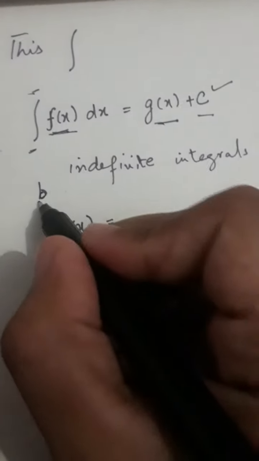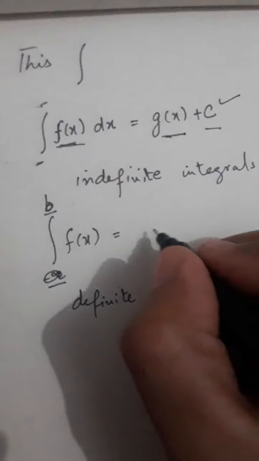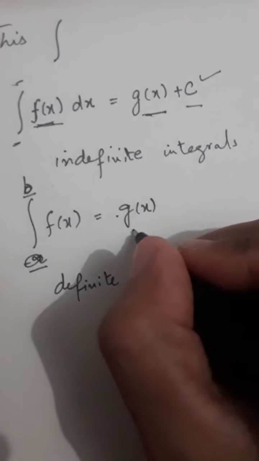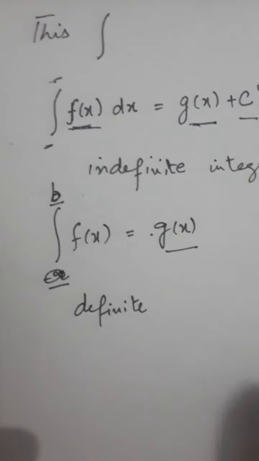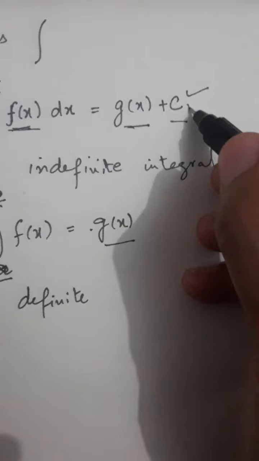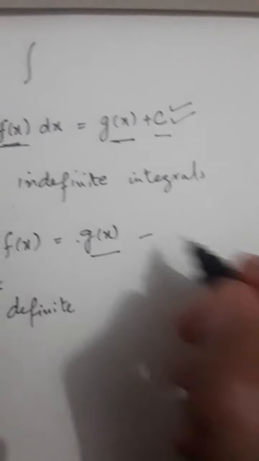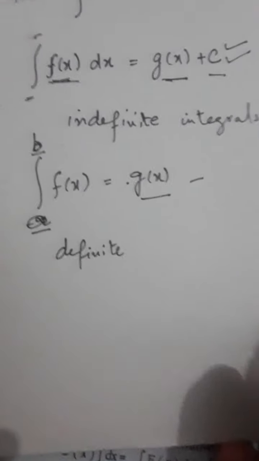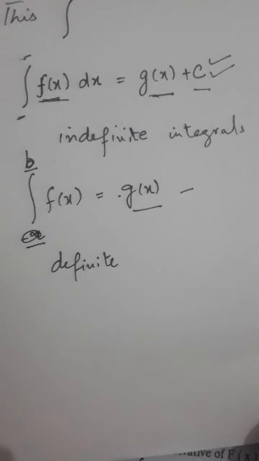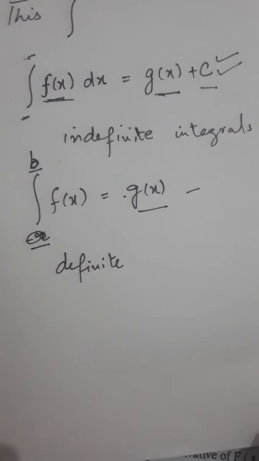When you write its solution, like g of x, you just write g of x. The constant will come on its own when you are solving it, and there is no need to write plus c here. Right?